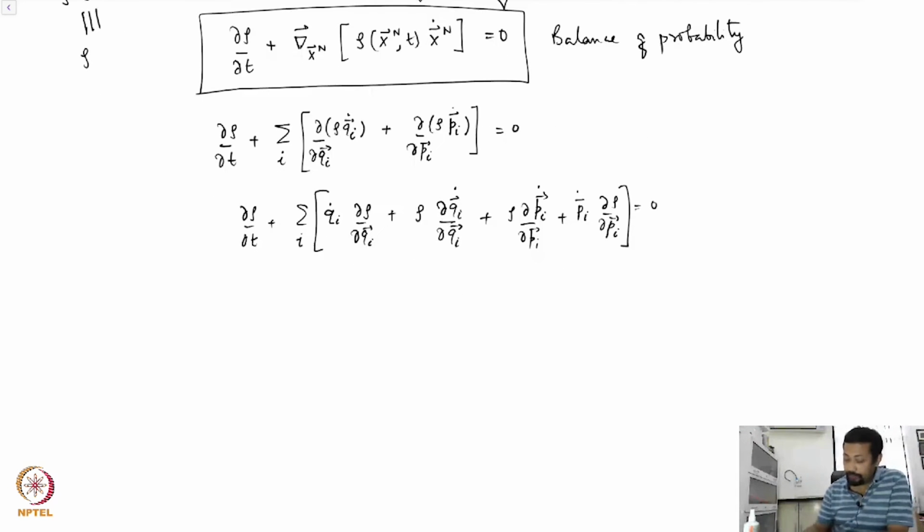Let's collect the terms together. Sum over i. I want to put this term and this term together, so I have qi dot del rho del qi plus pi dot del rho del pi, and you will see in a moment why I want to do that.